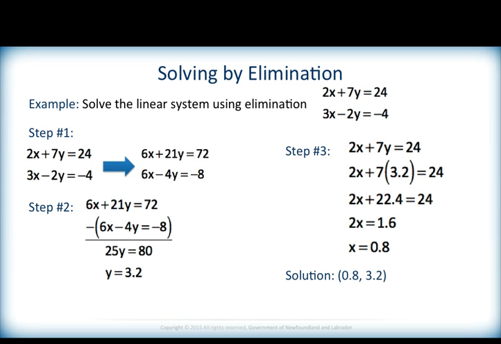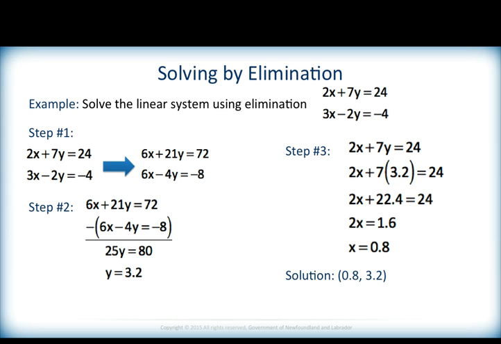So you have 2x plus 7 times 3.2 equals 24. 2x plus 22.4 equals 24. I'm going to subtract 22.4 on both sides, resulting in 2x equals 1.6. Dividing by 2 on both sides, x equals 0.8. My solution, therefore, will be 0.8 and 3.2.